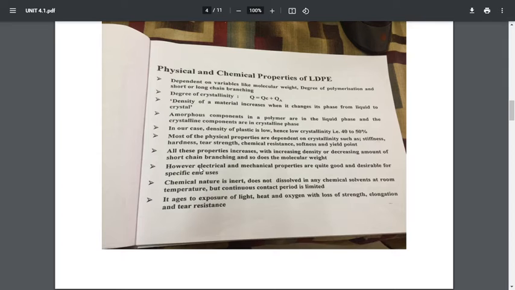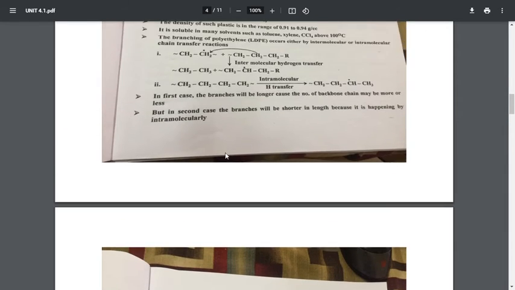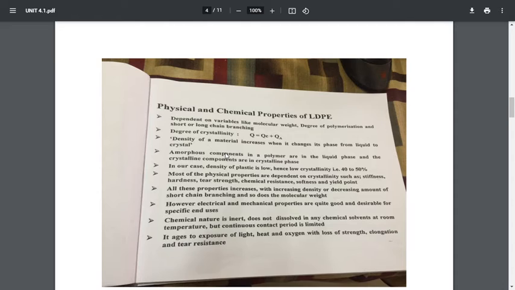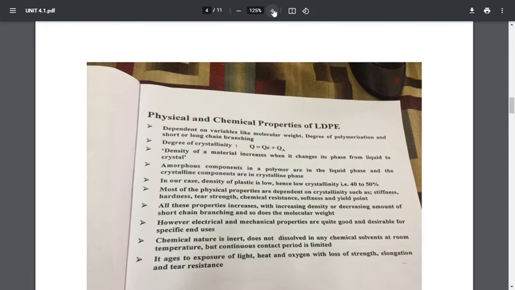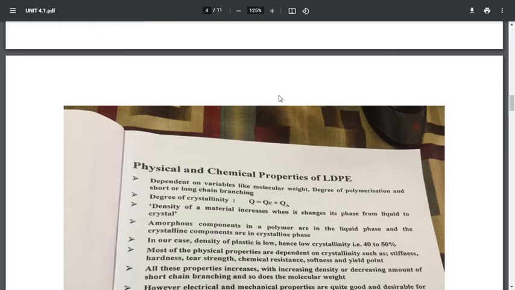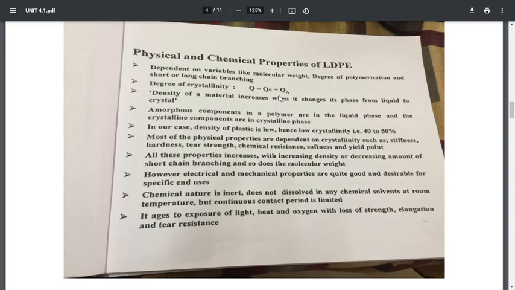Physical and chemical properties of LDPE. Now this is interesting. They are dependent on variables like molecular weight, degree of polymerization, and short or long chain branching.